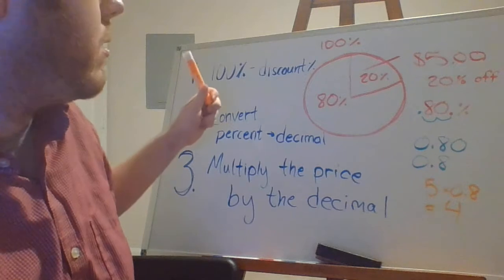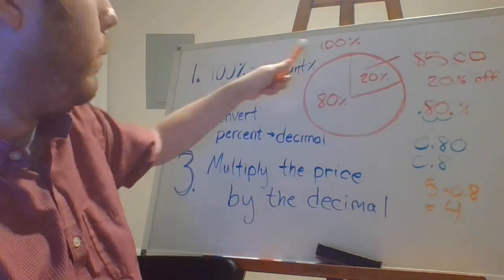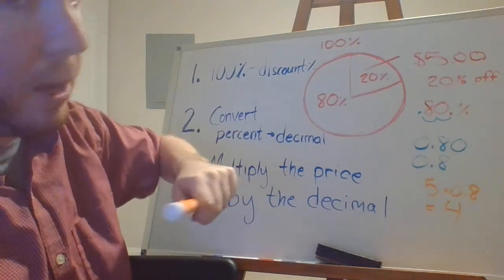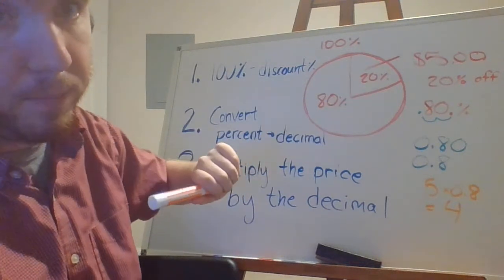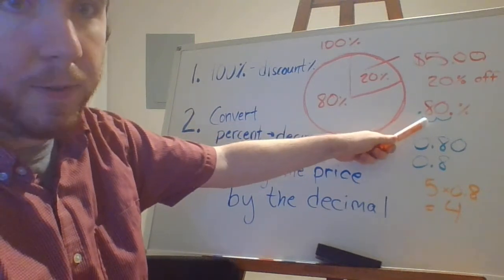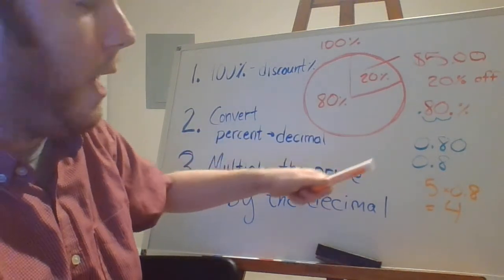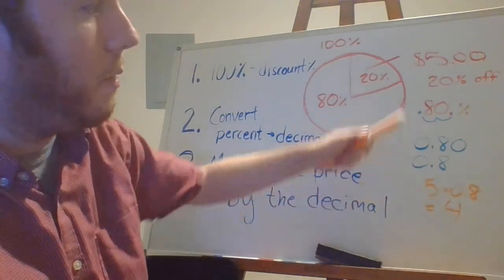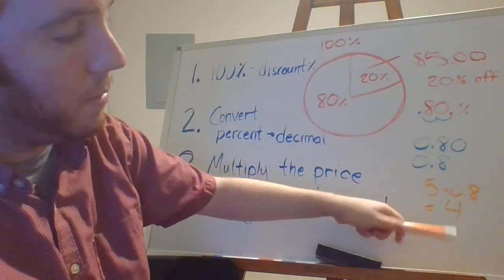Now just remember these 3 simple steps. We reduce my 100% by the discount percent. In this case it was 20. Then we convert our new percentage that we found to a decimal. And then we multiply the price by that decimal. And that's our 3 steps.